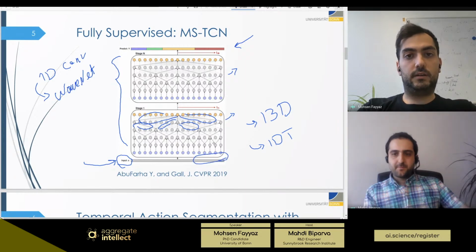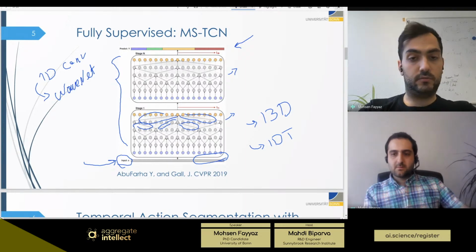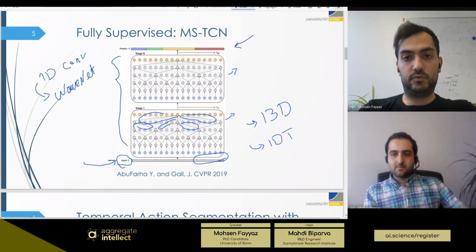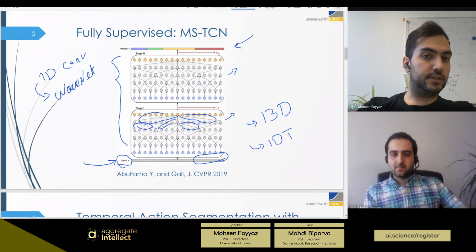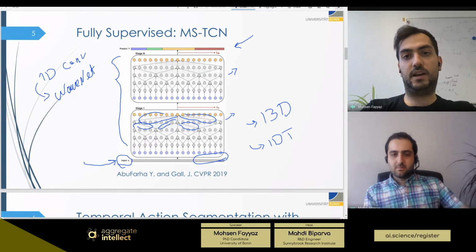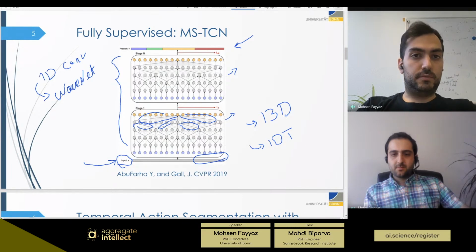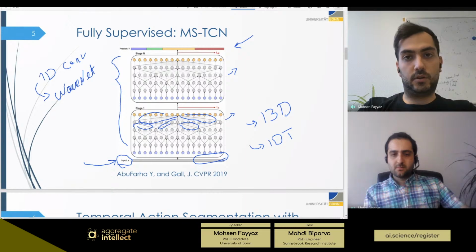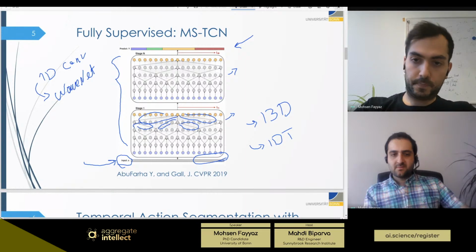They're using multiple stages of this 1D convolution, and they get state-of-the-art results because of having different sizes of receptive fields at every level of the network, so they can capture long or short dependencies between the temporal features.